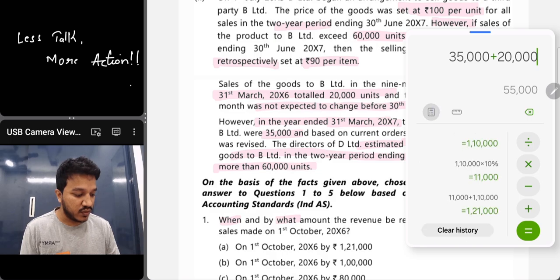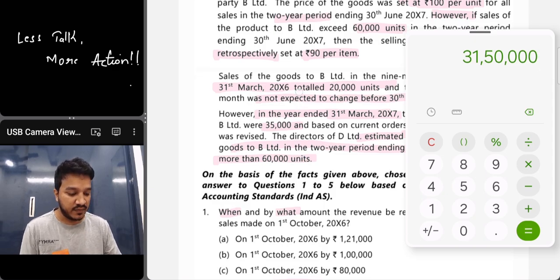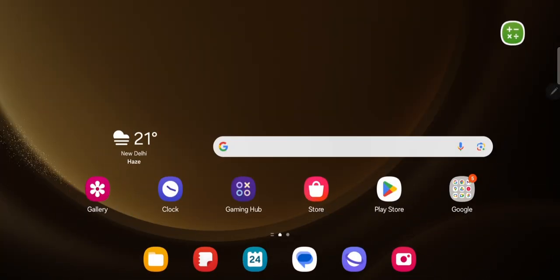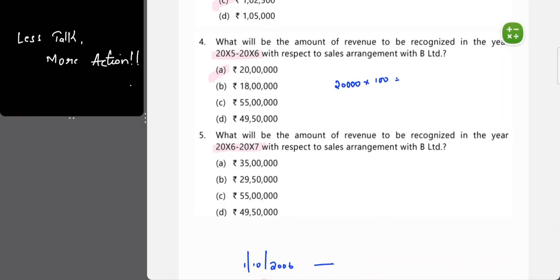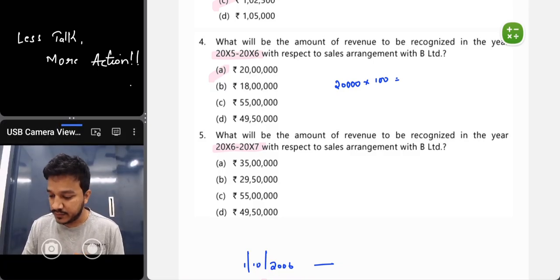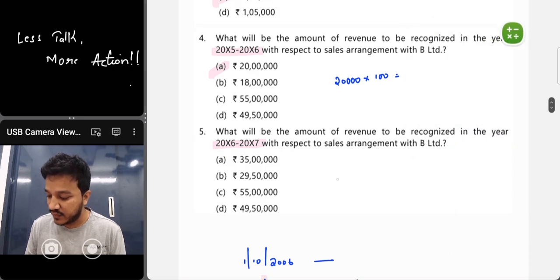Now for 35,000 units we will take the rate of 90. 35,000 into 90 gives 31 lakh 50,000.